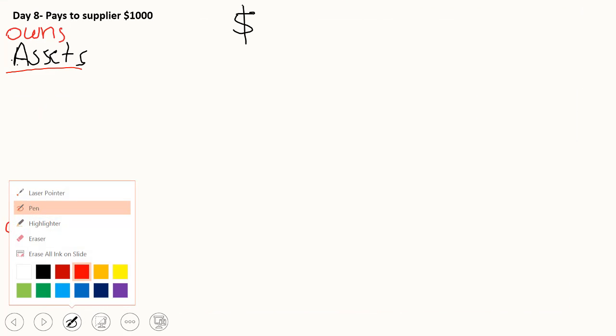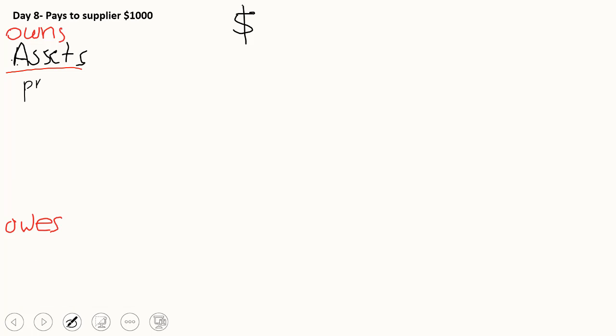So property will still be the same, and it was 2,000. Motor vehicle was 2,000 as well. Inventory was 0, so I'm not writing it here.